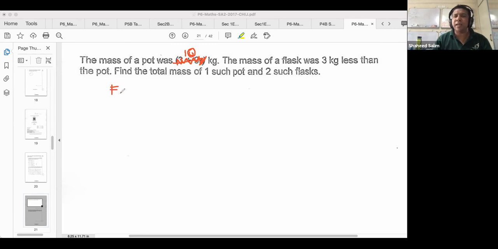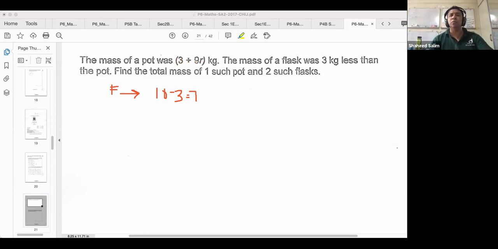They say the flask is 3 kg less than 10. Oh, means 10 minus 3. Because 3 kg less than the pot, right? So 10 minus 3 is 7. But remember, they did not give you 10 at first. What did they give you? They give you this 3 plus 9R.